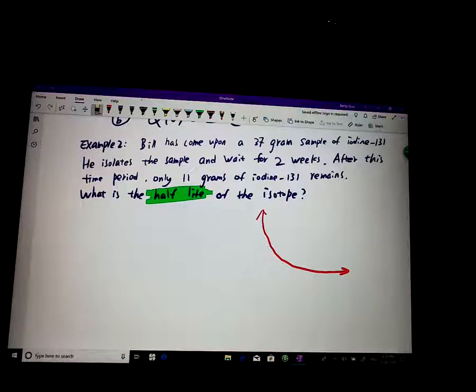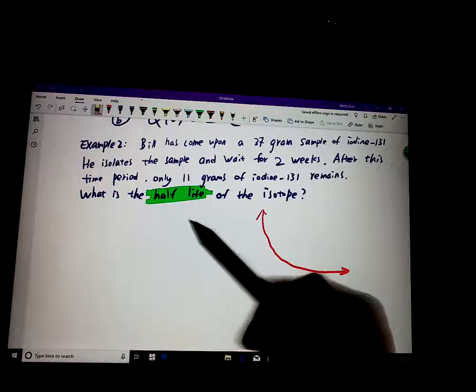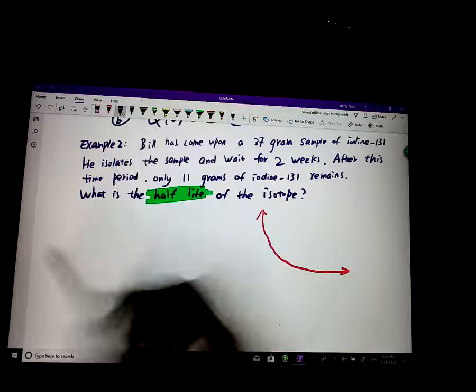That's going to be 18.5 grams. Is that clear? The half-life of a substance which is exponentially decreasing is the time it takes to reduce to half of its weight. Okay, so how do we find the half-life though?